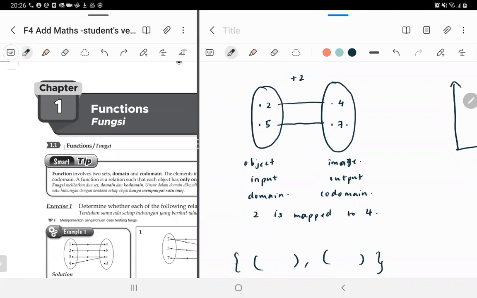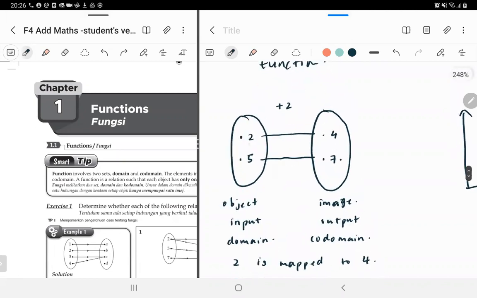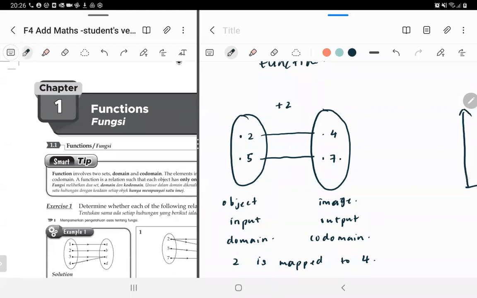And so on. The 2, 5 here, it is object, input, or we call domain. And then the output here, we call it image, output, or the codomain. Their relationship in the middle here, we call it a function. So the +2 here is actually a function.